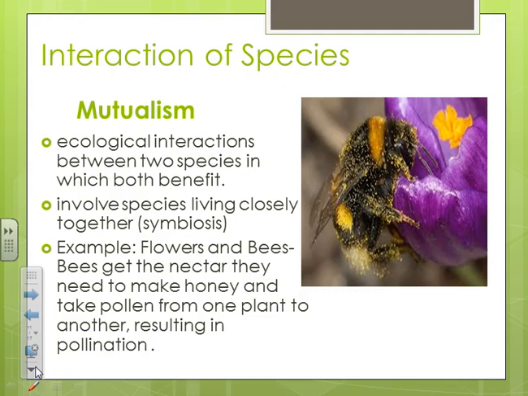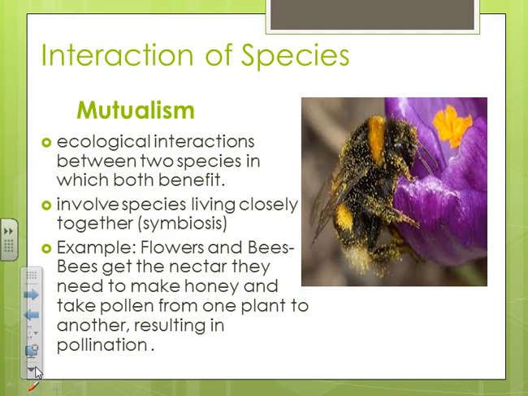Look, the example says flowers and bees. The bees get the nectar they need to make honey, and they take the pollen from one plant to another. So that essentially pollinates the flowers, and both species benefit, right?